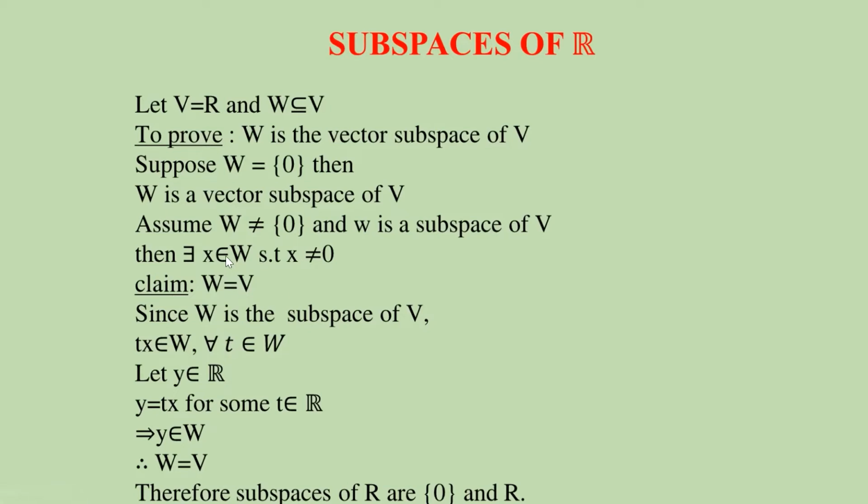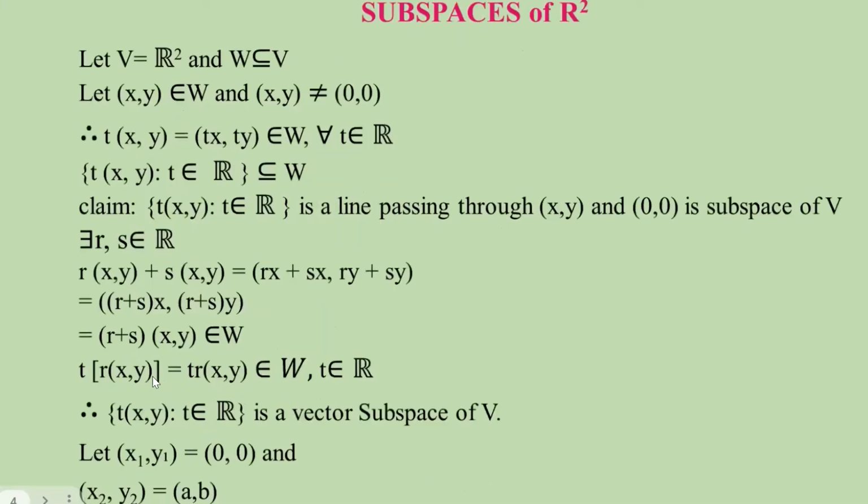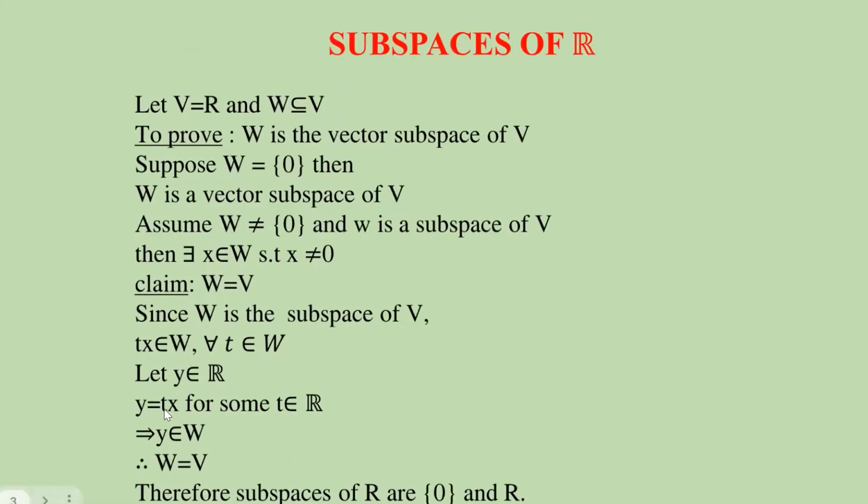Therefore, for the non-zero vector x and any scalar t in R, t x is in W. Now let y be any vector in R, and we can write this y as t x for some t belonging to R.